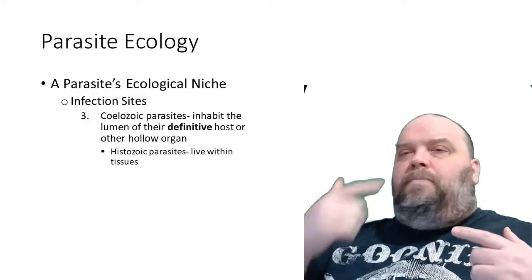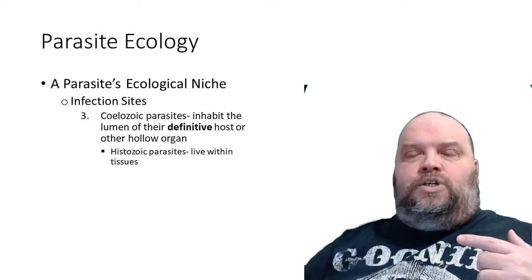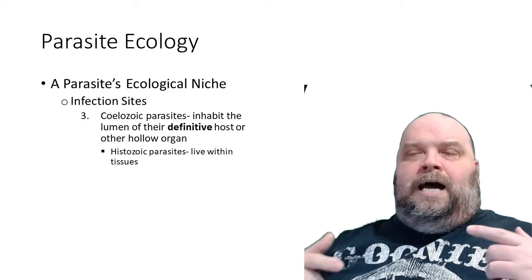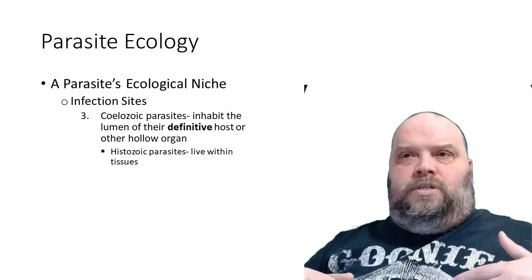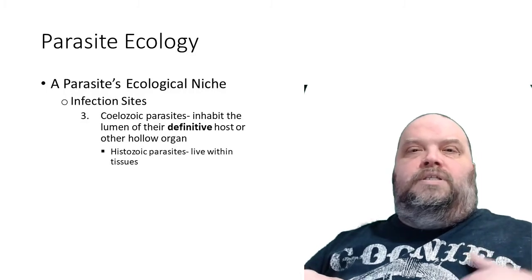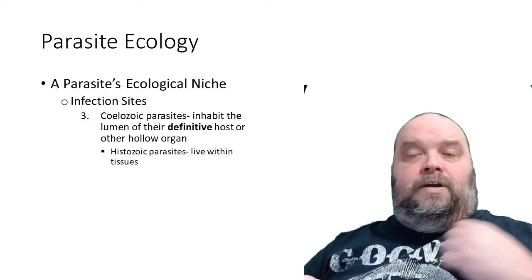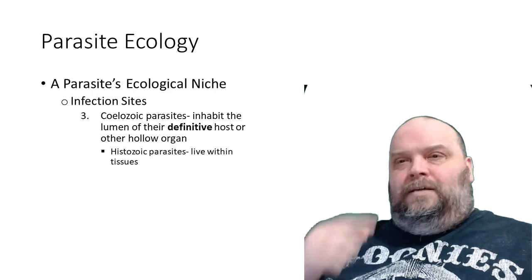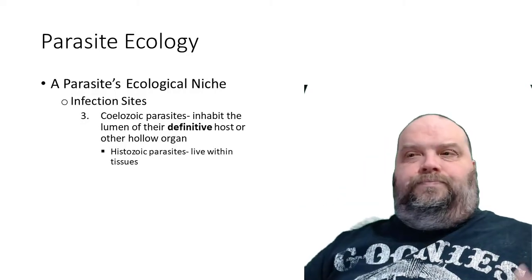Okay? Got to remember, from your mouth to your anus, you are actually a hollow tube. That hollow tube may have some protrusions into the bile duct, into the gallbladder, into the liver, dead ends, things like that.